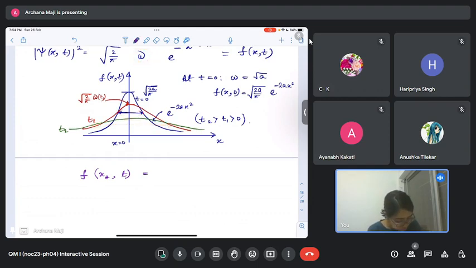So let's say at x equal to x star, the height is half the maximum.